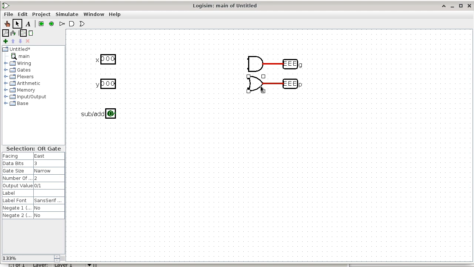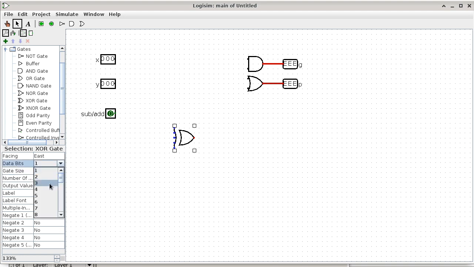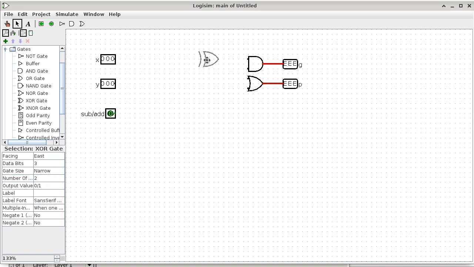You will see it. So what I need now is an exclusive OR gate. I go to gate, pull an exclusive OR. Do the same thing. We need a narrow version, 3-bit wide, and only 2 inputs. And what we will do is take everything from X and feed it into one of these, and then we'll also take this and feed it into the other one.